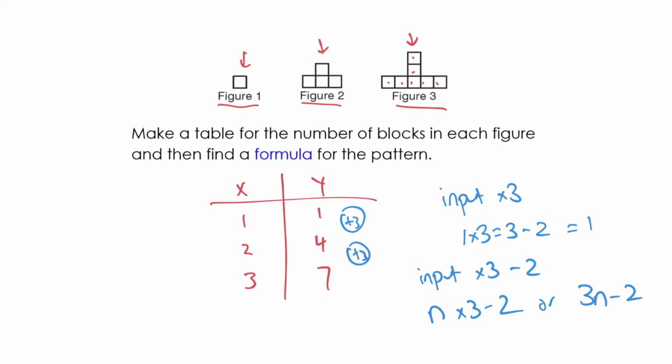And this will work for all of them. So let's try it for this one. 2 times 3 equals 6 minus 2 is 4. 3 times 3 equals 9 minus 2 equals 7. So the gap is basically what you're multiplying by.